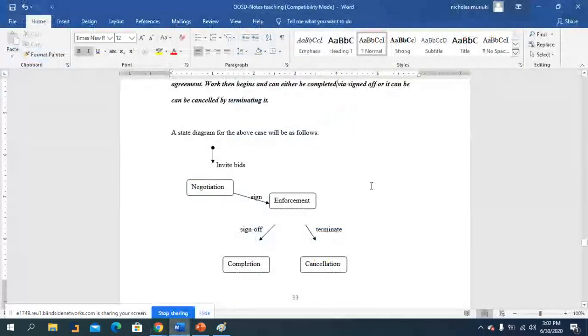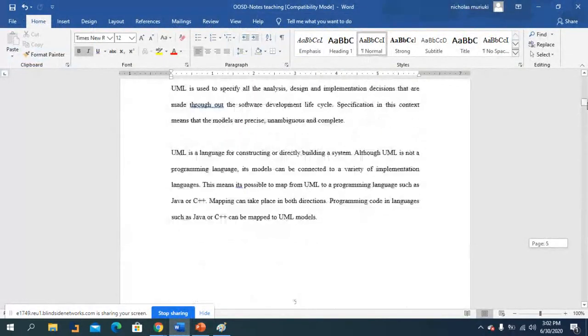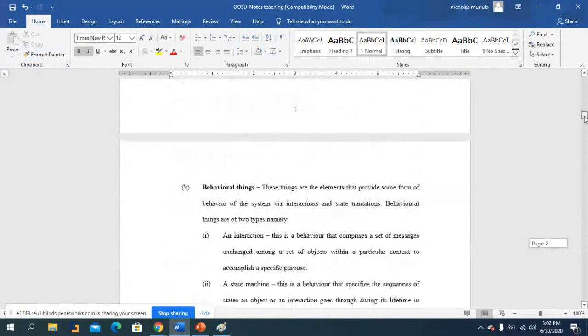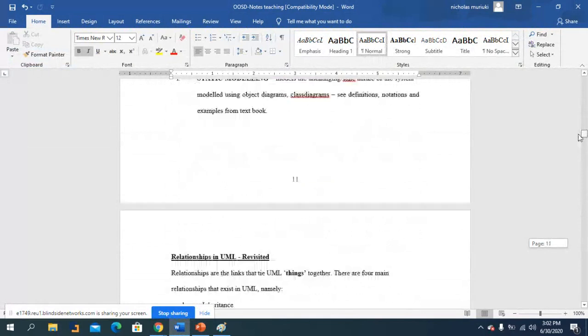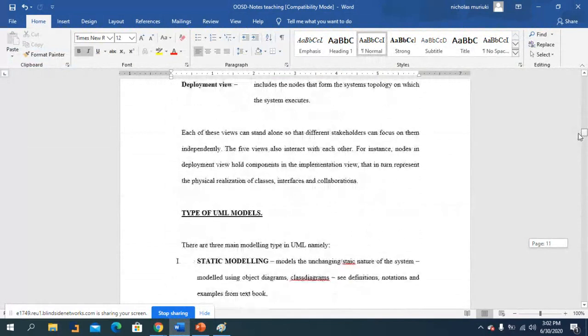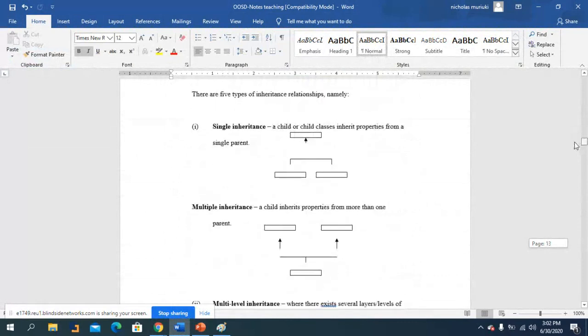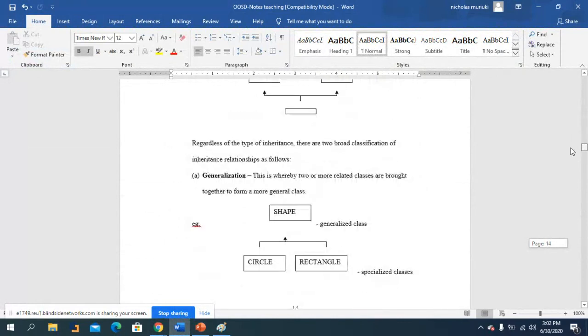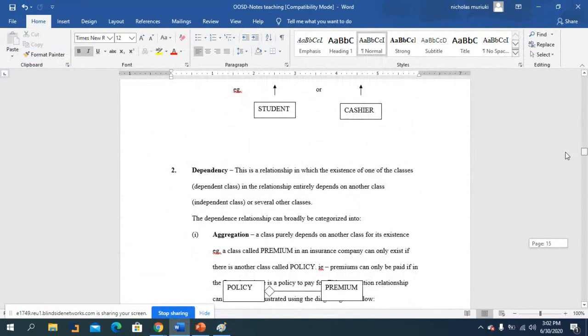So that is what we have covered up to this point. Maybe we can look at them. We started from the static diagrams, and we looked at the class diagram. Then from the class diagram, we had some introduction on how they are related to each other.